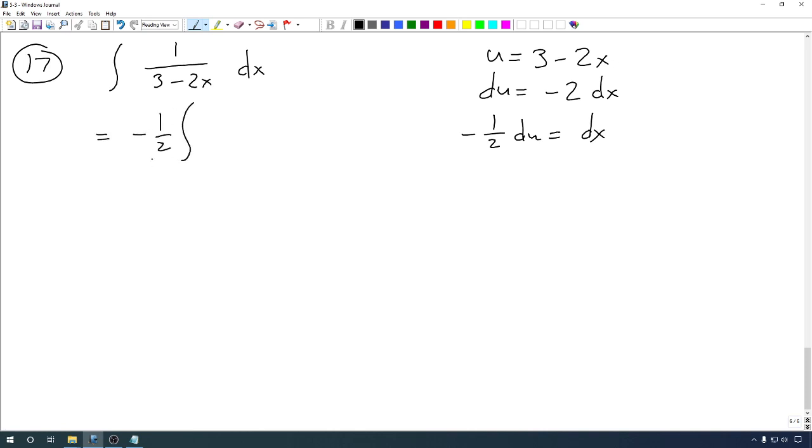Just go ahead and put that in front. In our integral, we have a 1 over u, and then we have a du. And here's where we definitely need to have that natural logarithm. The integral of 1 over u is the natural logarithm of the absolute value of u, of course with the plus C at the end. And finally, we need to turn that u back into a 3 minus 2x.